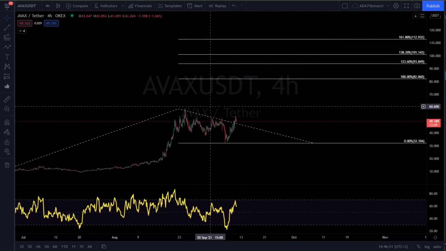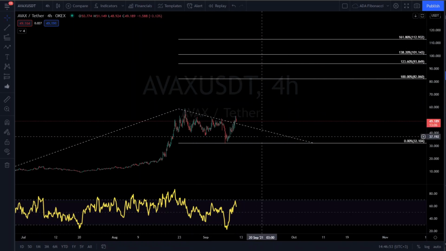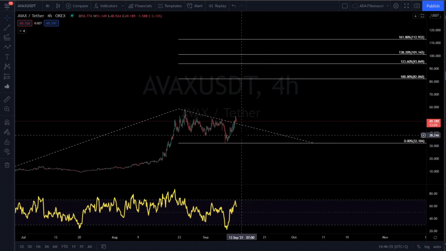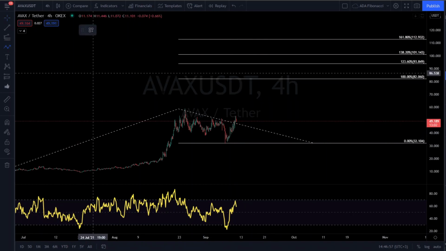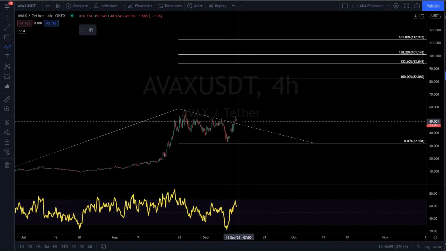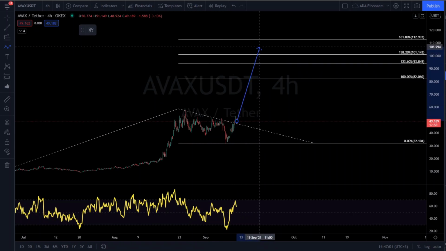I don't think we will go there immediately. I don't think that this move that is about to happen is going to go like this. I can promise you that. That's not a realistic goal.